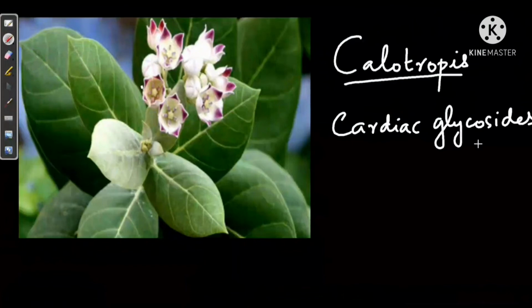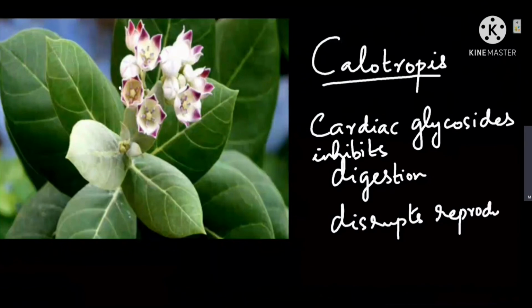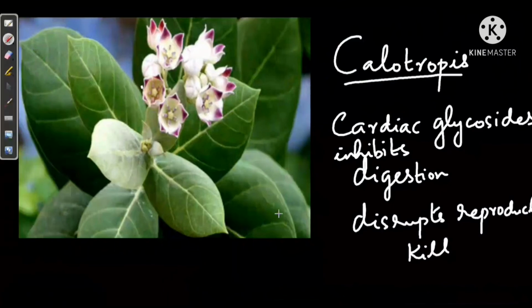So cardiac glycosides inhibit the feeding or digestion, or even kill that cattle. That's why cattle would stay away from this Calotropis plant.